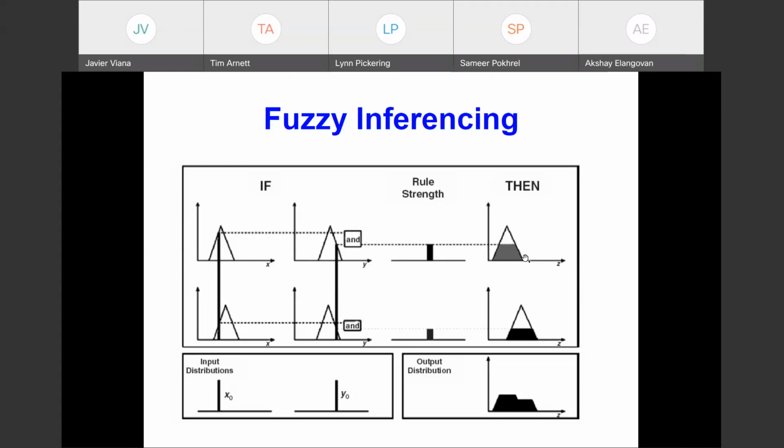Now, because our inputs fall in multiple different membership functions because they overlap, we're going to have multiple rules active. In this case, we're only showing two rules. But let's say that we have another membership function in X that it falls within, and another in Y that it falls within. And you can see the membership values are different, even though they look kind of the same on this graphic.